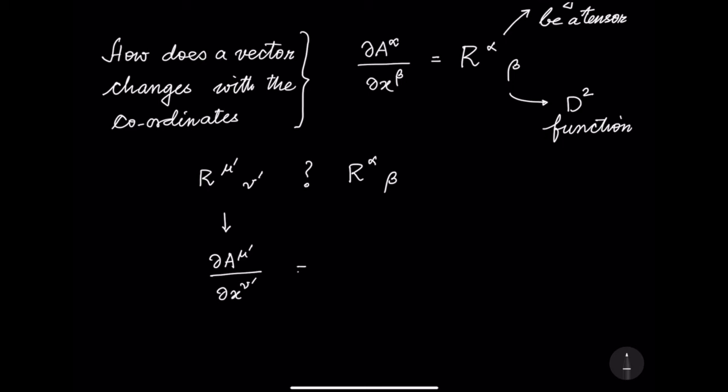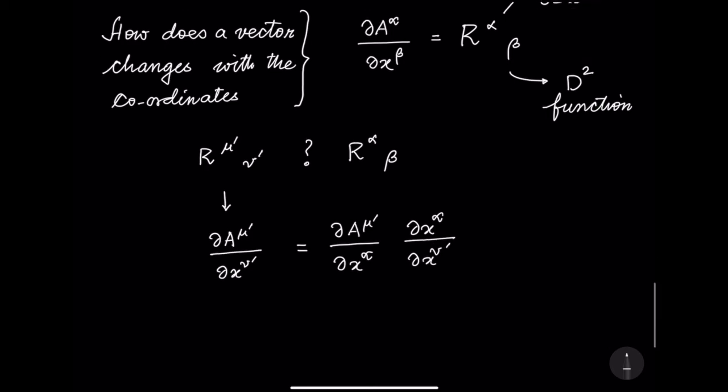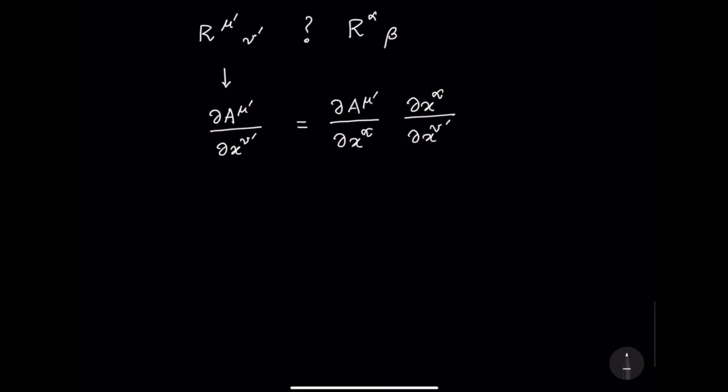Now, del x nu prime I can write in terms of the derivatives with respect to the previous coordinates, before you do the transformation. So this is del alpha, and then this is the chain rule or Leibniz rule, whatever you say. Why did I do it?